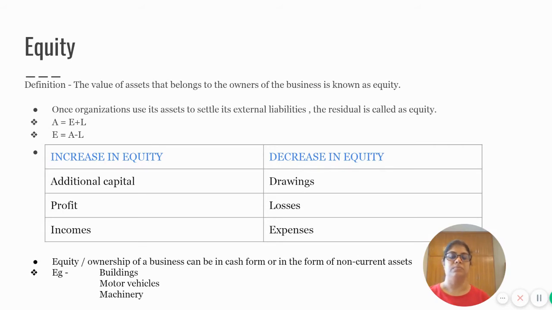So you have to remember that not only cash, but investing buildings, motor vehicles, machinery, any other non-current asset can also be in the form of equity. Okay.